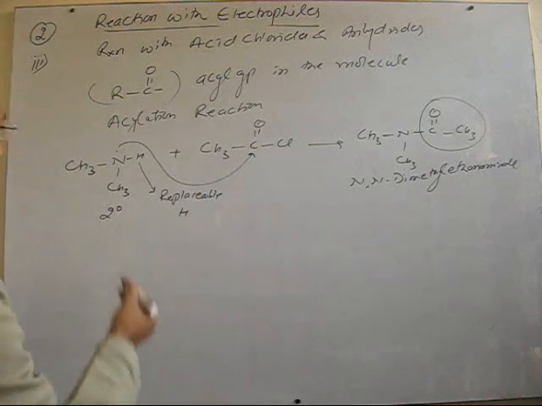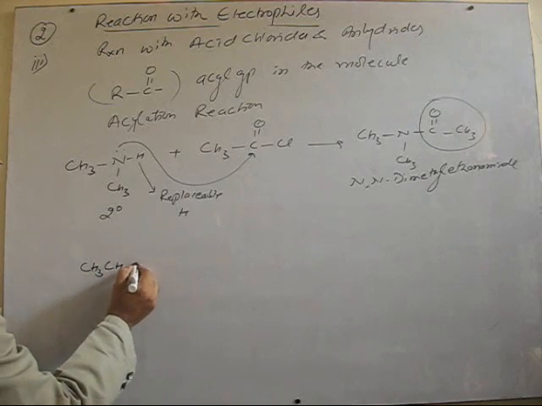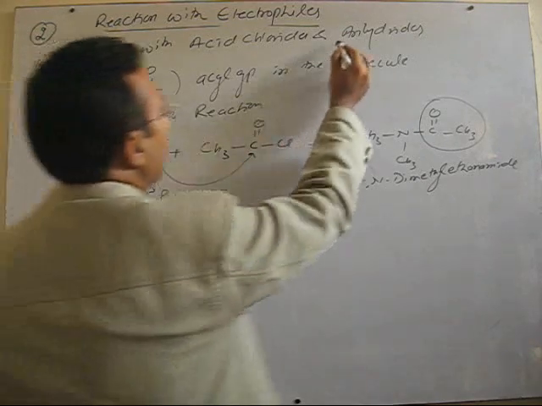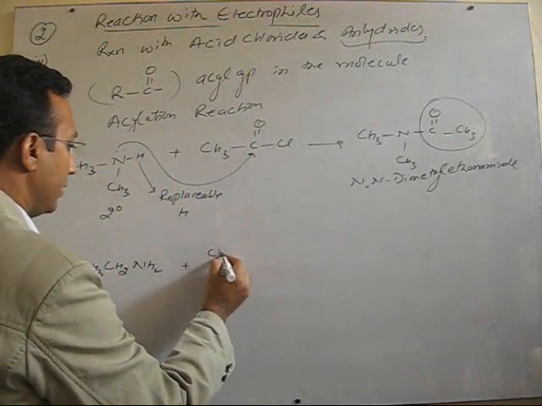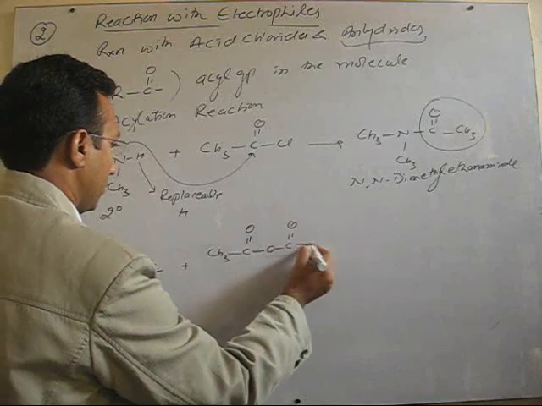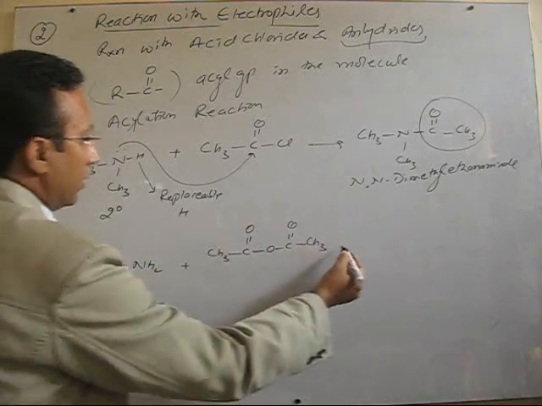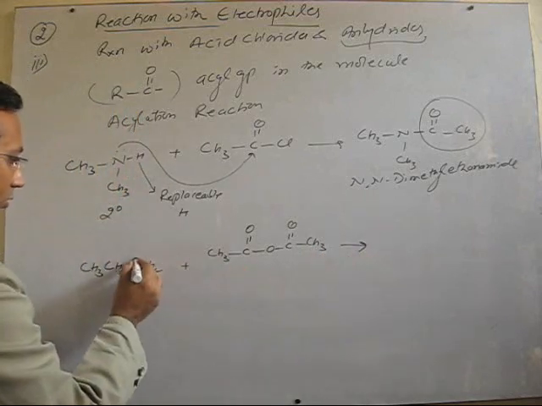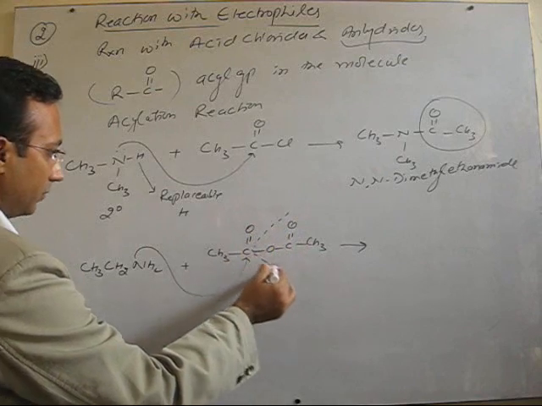Fine. Similarly, the reaction can also take place with anhydrides. Anhydrides are acid derivatives. So here also you see nitrogen will attack this carbon, just the byproduct is different.